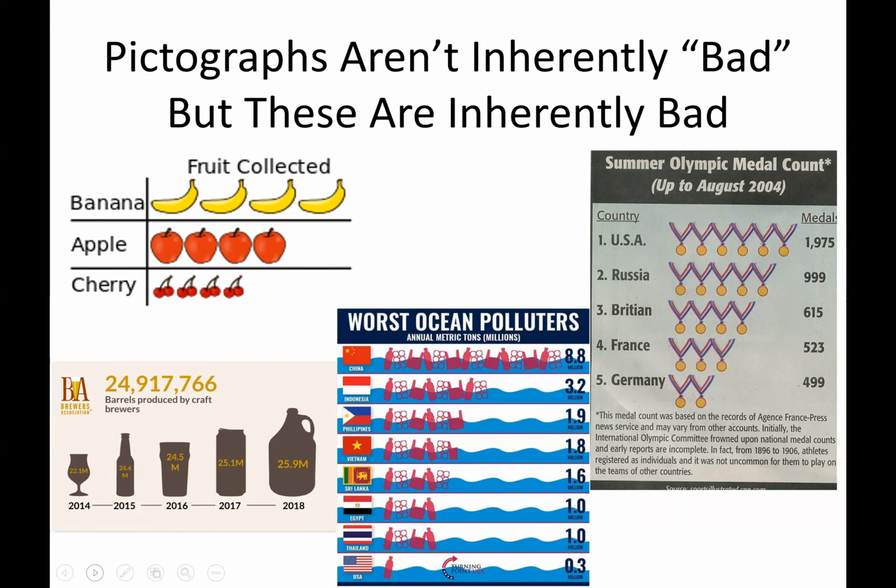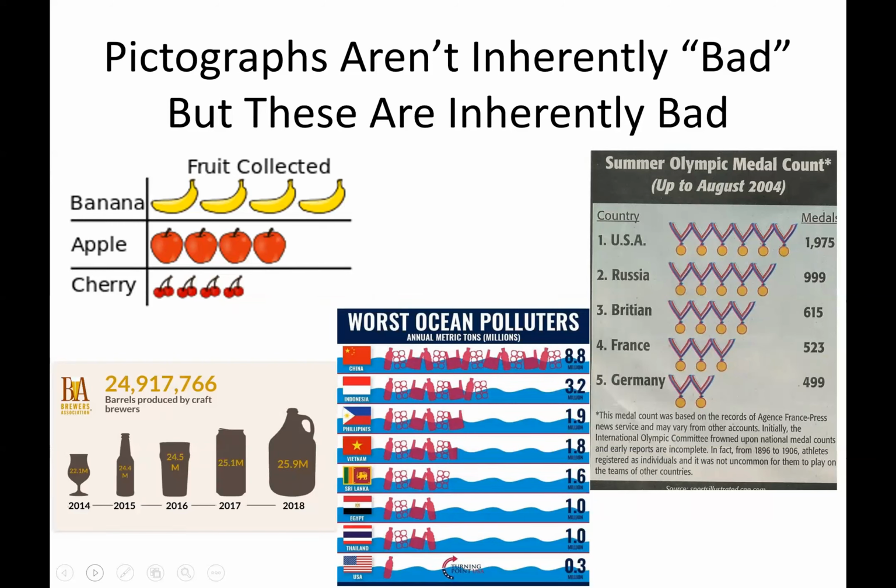With the Brewers Association, bottom left, they go from 22.1 million barrels in 2014 all the way up to 25.9 million barrels in 2018. That's about a 20% increase. But if you look at the area of the graphics, that growler is probably about 3 to 4 times the size of the glass used for 2014.